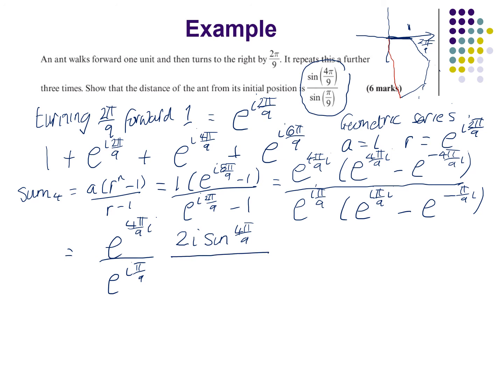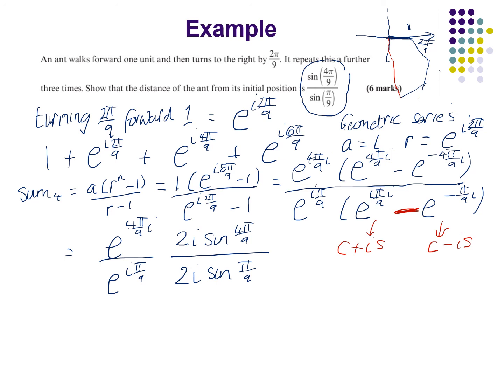Because remember the e is cos plus i sine, the e to the minus is cos minus i sine. And what I get on the bottom is 2i sine π by 9 for the same reason. If you're not sure, this bit here I would write as cos plus i sine, this bit here would end up being cos minus i sine. So because of the subtract in the middle, you'd end up with the cosines going and you'd end up with the 2i.